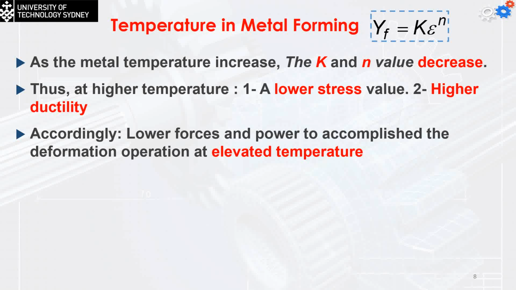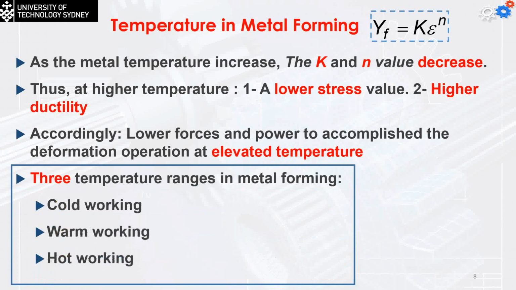We have three temperature ranges in metal forming. We can do what we call cold working. Cold working is any temperature from room temperature up to a certain amount of heat, which may go up to 150 degrees. Warm working is any temperature less than half of the melting point temperature, and hot working is going to be the higher temperature. Cold working is usually performed at room temperature or slightly above.